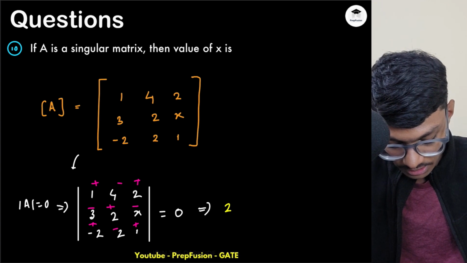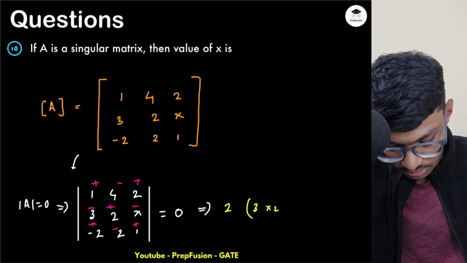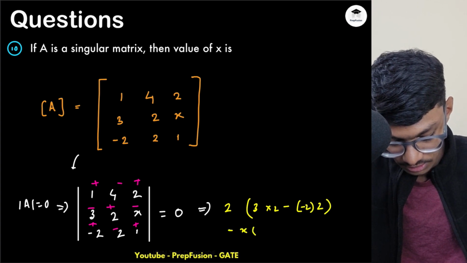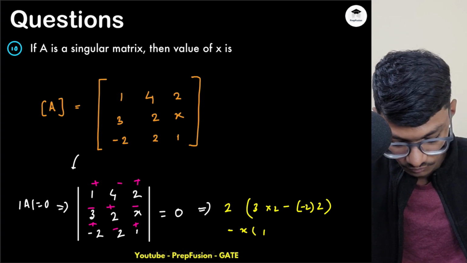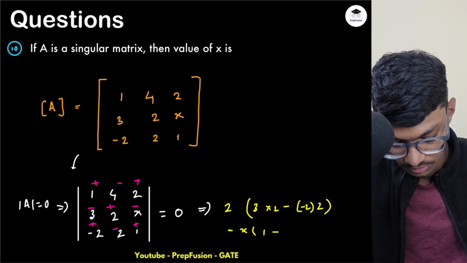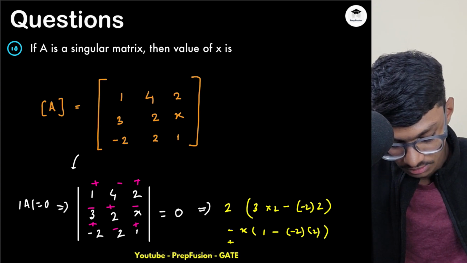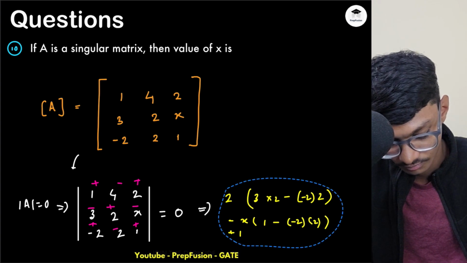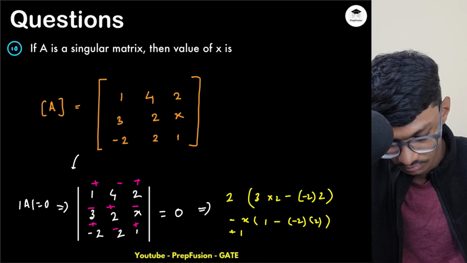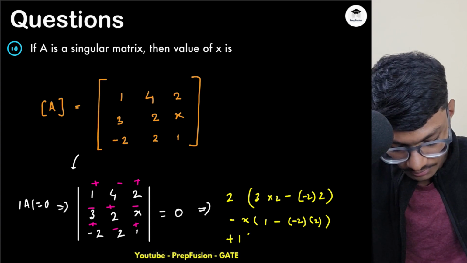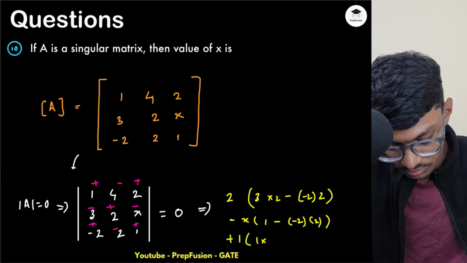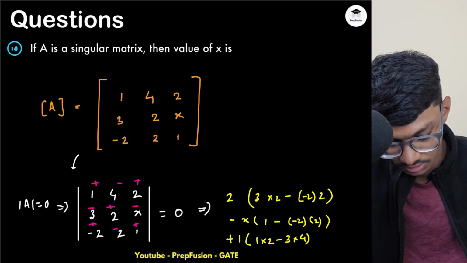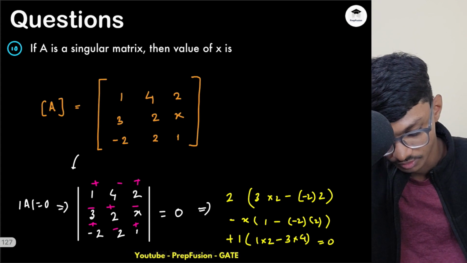So I will expand about the last column: 2 times this, 3 times 2 minus minus 2 times 2 minus x times this 1, minus minus 2 times 2, then plus 1, plus 1 times 2 minus 3 times 4, okay, which is equal to 0. So obviously we have to equate this with 0.